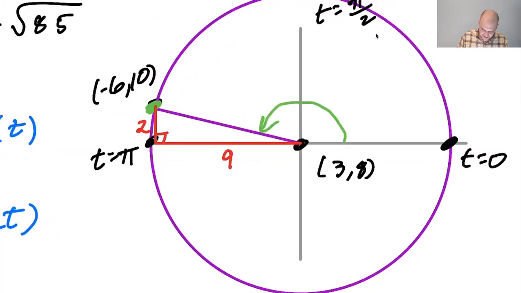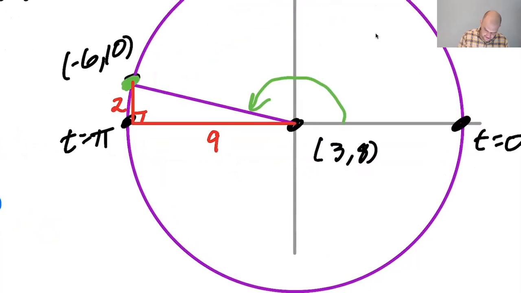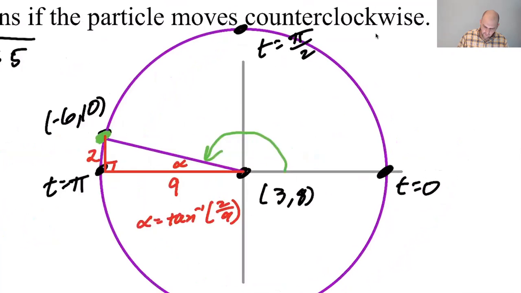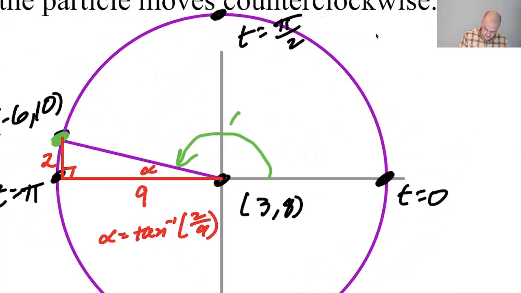So the reference angle here, I'm going to call it alpha. So alpha is inverse tangent of 2/9. Then the actual angle that we're going to use, this is theta, is pi minus alpha. So pi minus the tan inverse of 2/9.